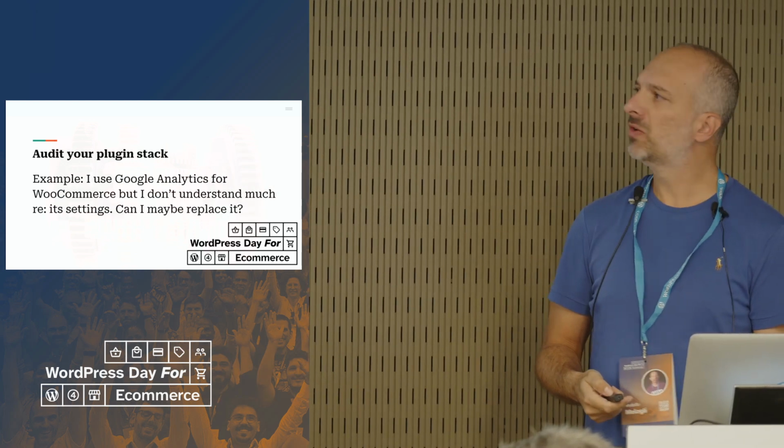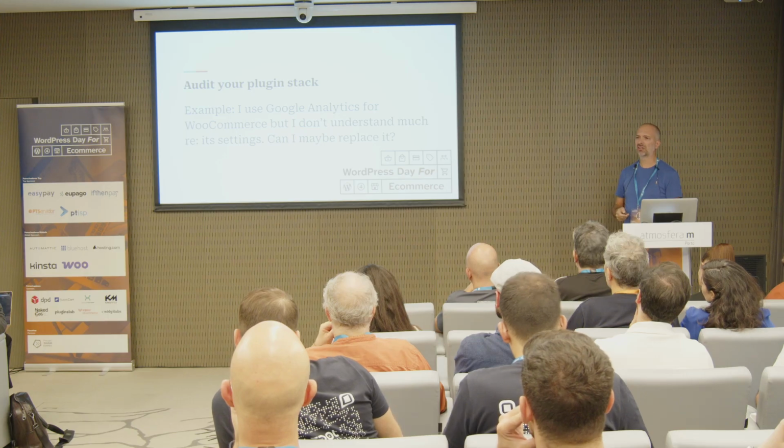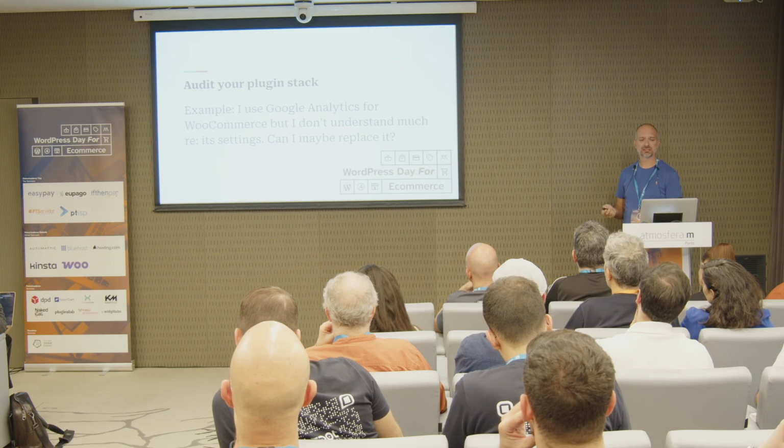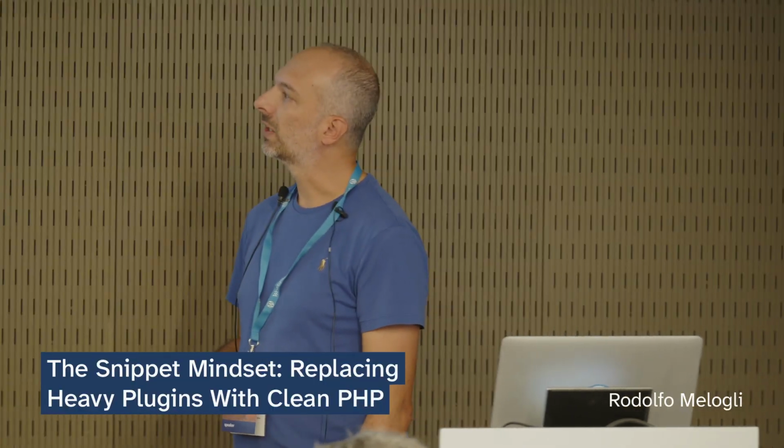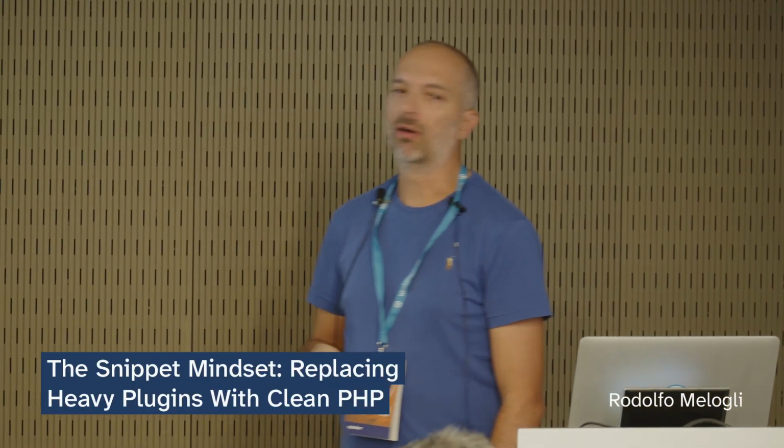Or I use Google Analytics for WooCommerce, which is the official Google Analytics plugin for WooCommerce on the repo. But I don't really understand much of its settings. Maybe I can replace it with Google Tag Manager, and that's just one line of code, maybe 3. And it's easy that way. Or, another example from my own experience: I sell online courses.